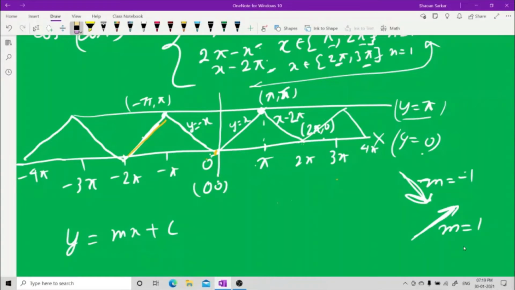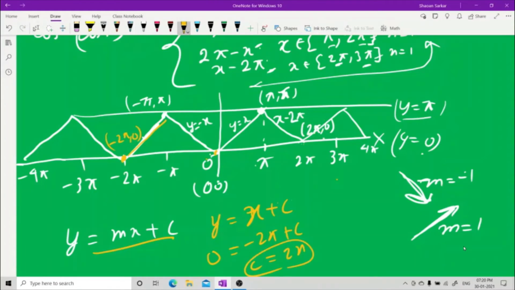So according to this equation, you have y equal to plus x, x plus c. But in this position, it is minus 2 pi comma 0. So if I put minus 2 pi here and this is 0, that means c should always be 2 pi. So the equation of this line would be y equal to x plus 2 pi.